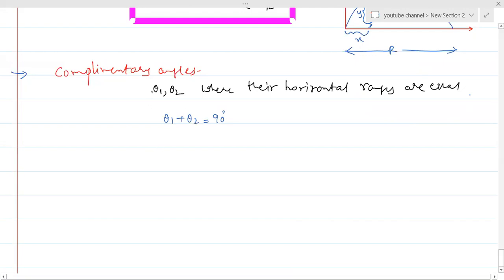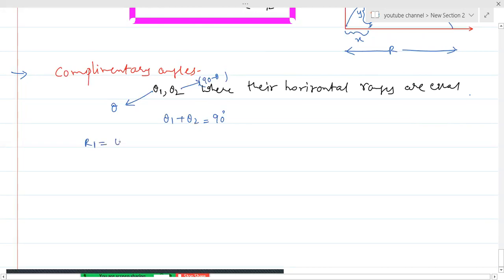If the first angle theta 1 is considered as theta, then the other will be 90 minus theta. So theta and 90 minus theta are treated as complementary angles. Now we will see R1 equivalent to u square by g into sin 2 theta 1.